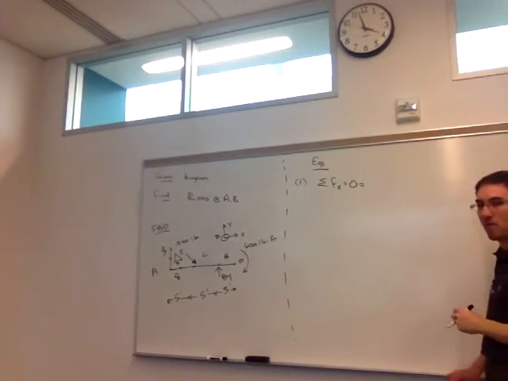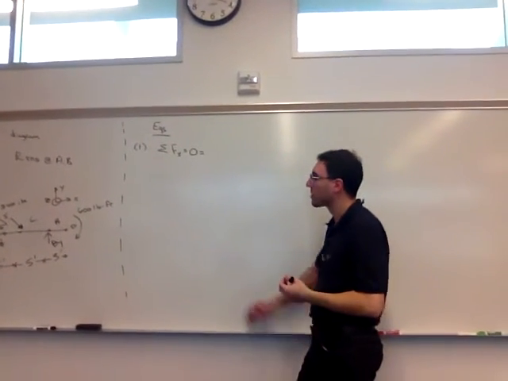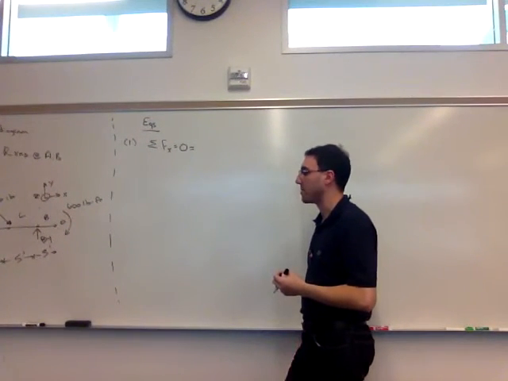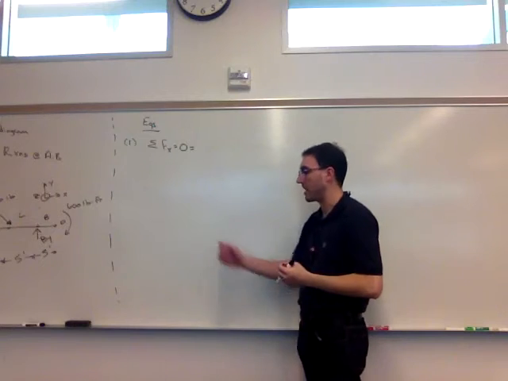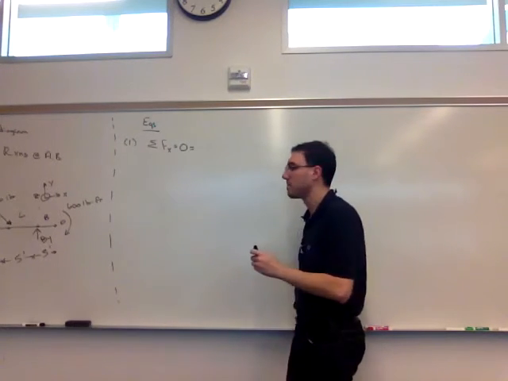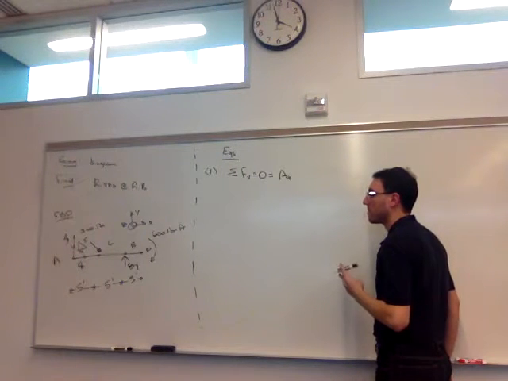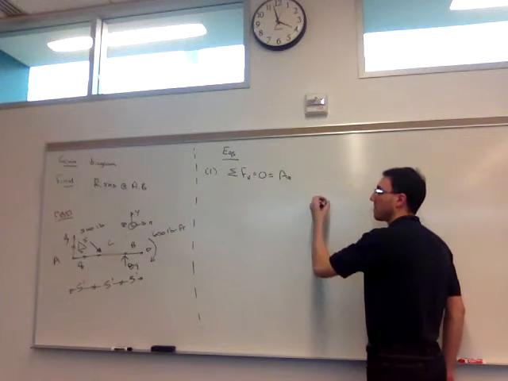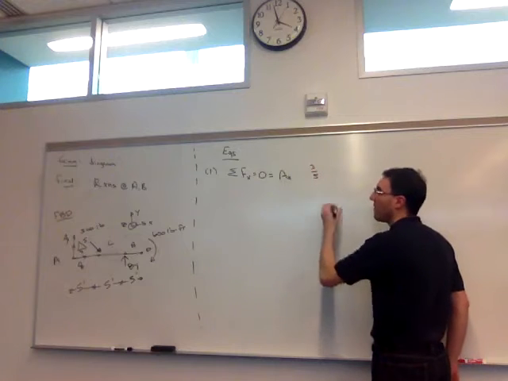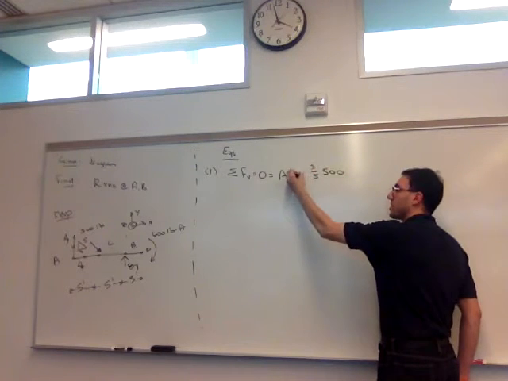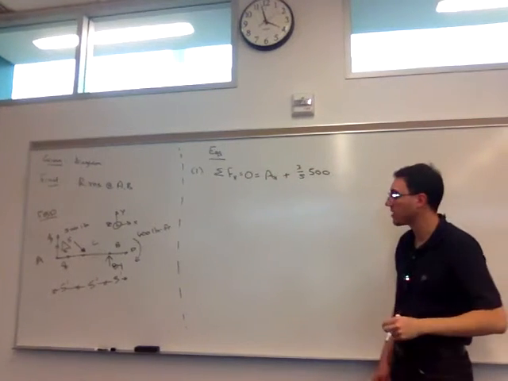Sum of forces x is 0 because it's in equilibrium. So what's my right-hand side going to be for this based on our free body diagram? Right, 3/5 of 500, which is also to the right. These are both positive. They're both to the right.